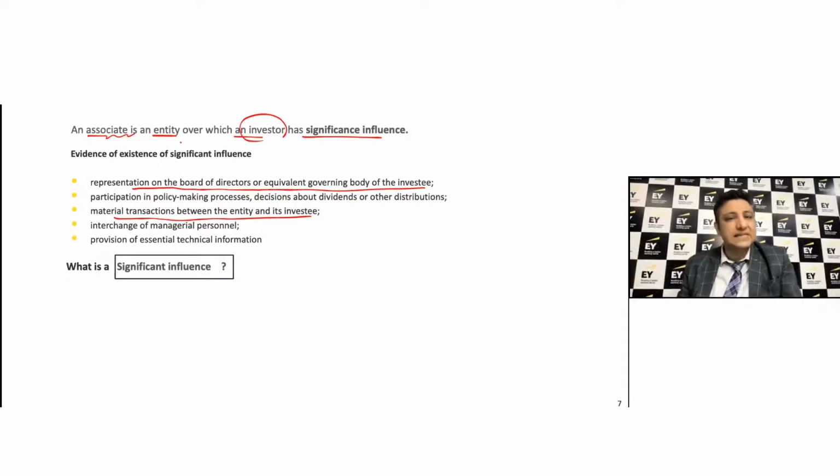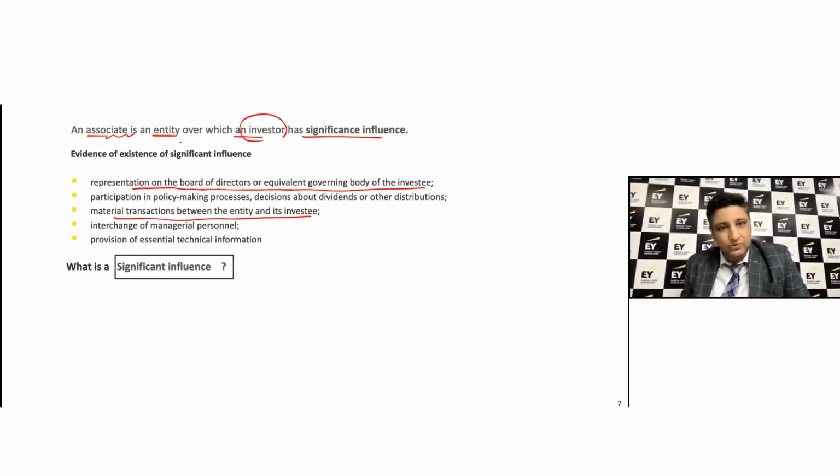And if you as an investor have a representation on the board, please always bear in mind we are not using the word control here. Even under control, these things exist, the board representation and shareholding. But here we are saying that you as an investor are present on the board. You are contributing to the discussions.